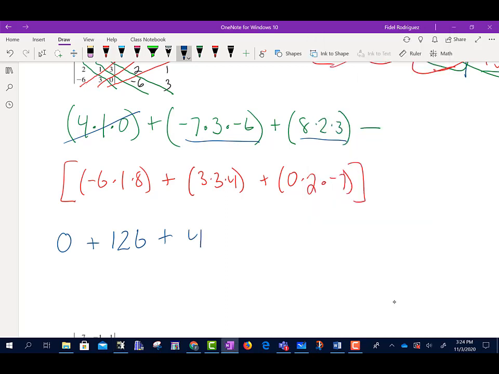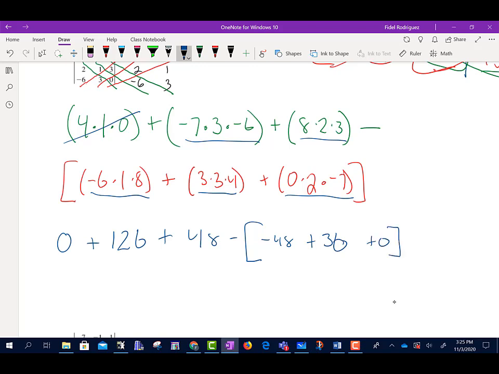There we go. 48 minus, okay, I'm going to multiply these together. Negative 6 times 1 times 8, that's a negative 48. I know that. Okay. 3 times 3 times 4, 3 times 3 is 9. 9 times 4 is 36. Okay. And this is going to give me 0, right?